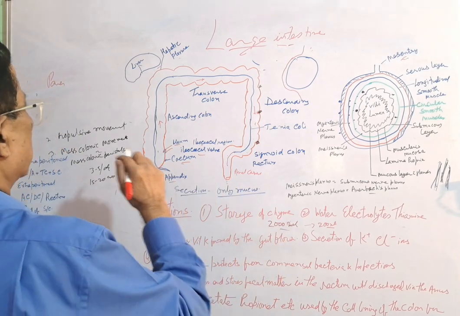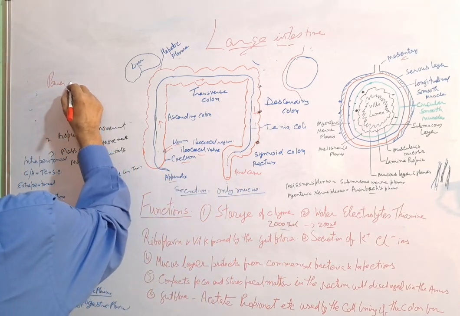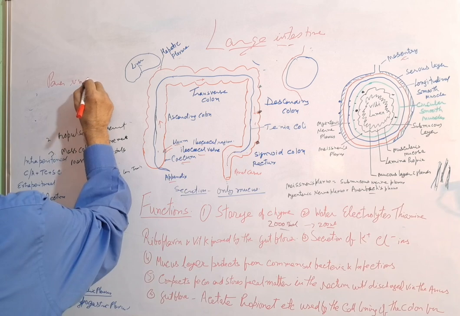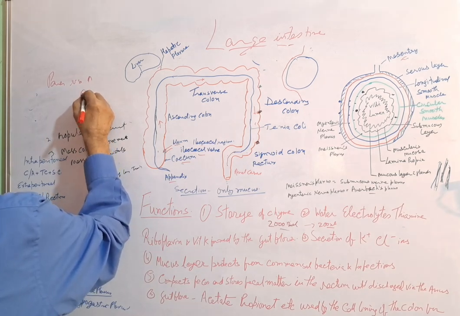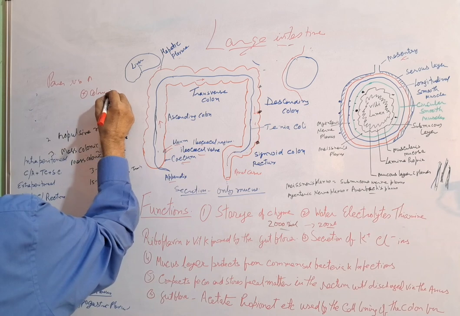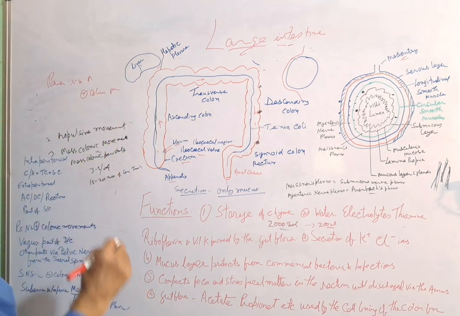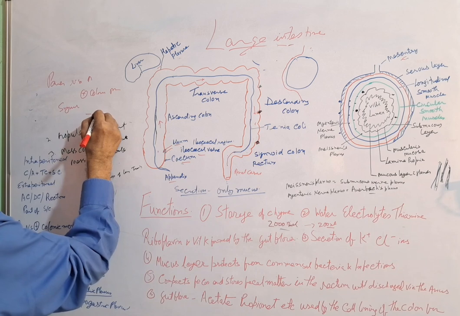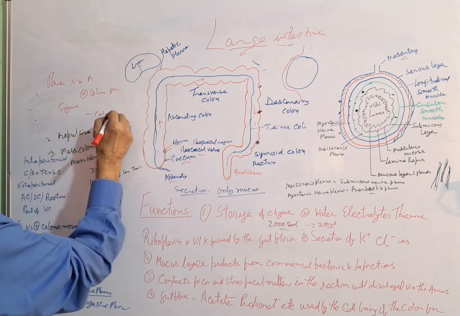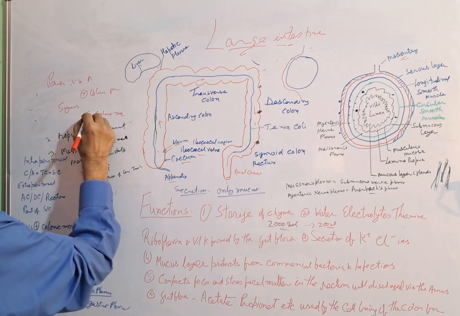Okay. What is the function of the parasympathetic? When the parasympathetic nervous system is stimulated, it causes increased colonic movements. Now, the sympathetic will cause decreased colonic movements.